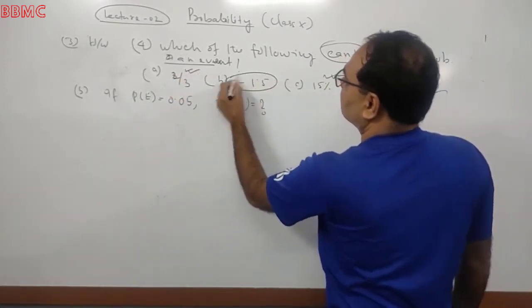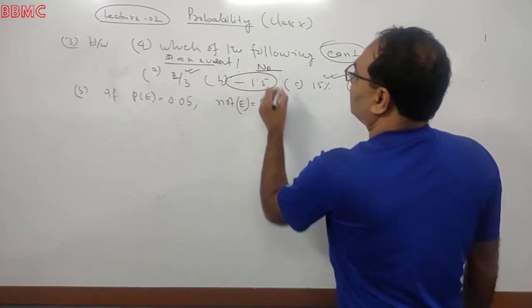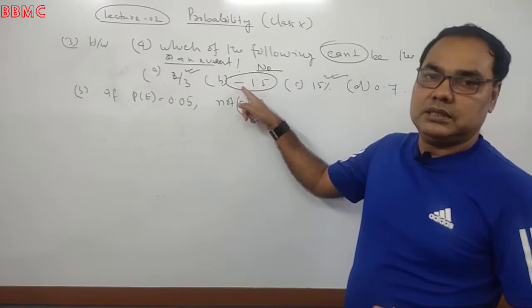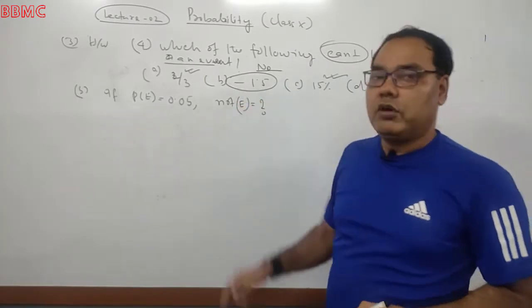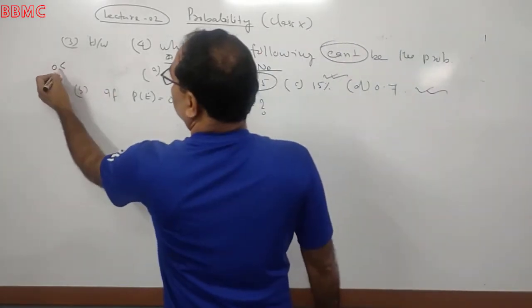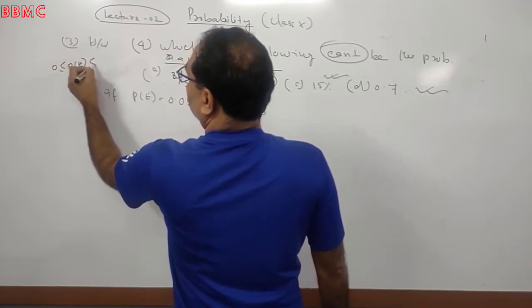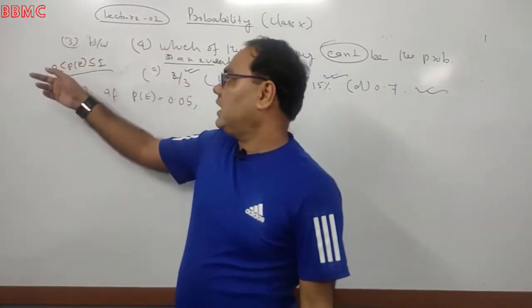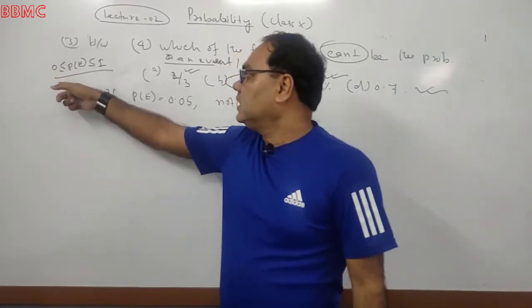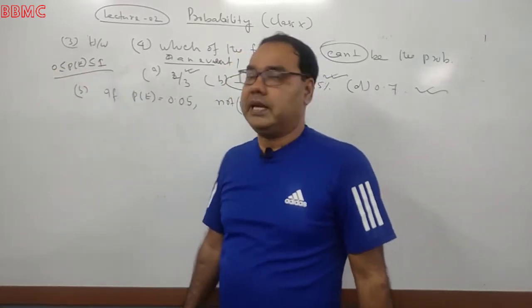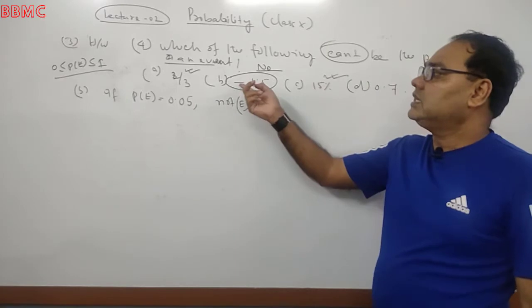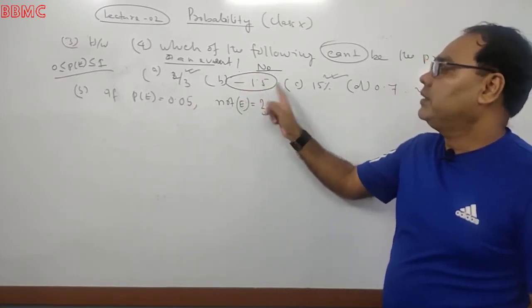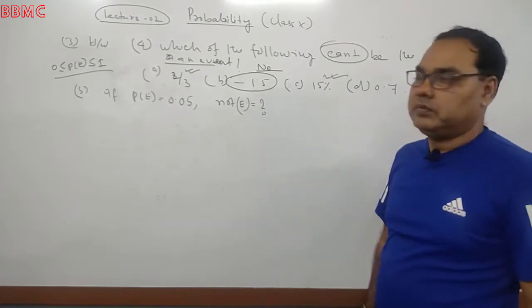This is no. Why? There is a negative sign. I have already told you, the probability of an event lies between 0 and 1. But what is there in front of this? There is a minus sign, so this is not a probability of an event. That is the answer.